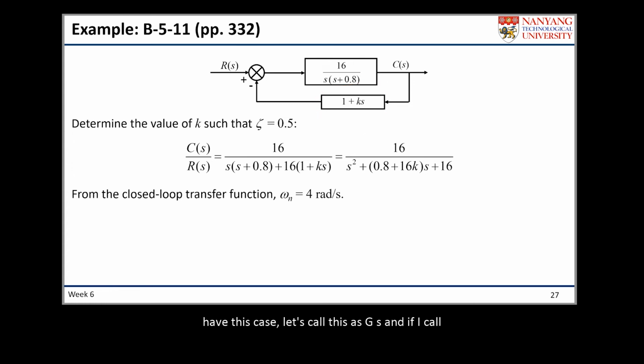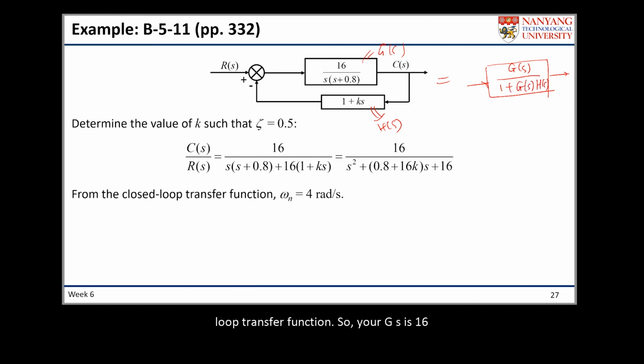If you have this case, let's call this G(s), and if I call this H(s), you still remember how to analyze a feedback system. The closed loop transfer function, the equivalent of this system, will be the forward loop transfer function divided by 1 plus the open loop transfer function, right?